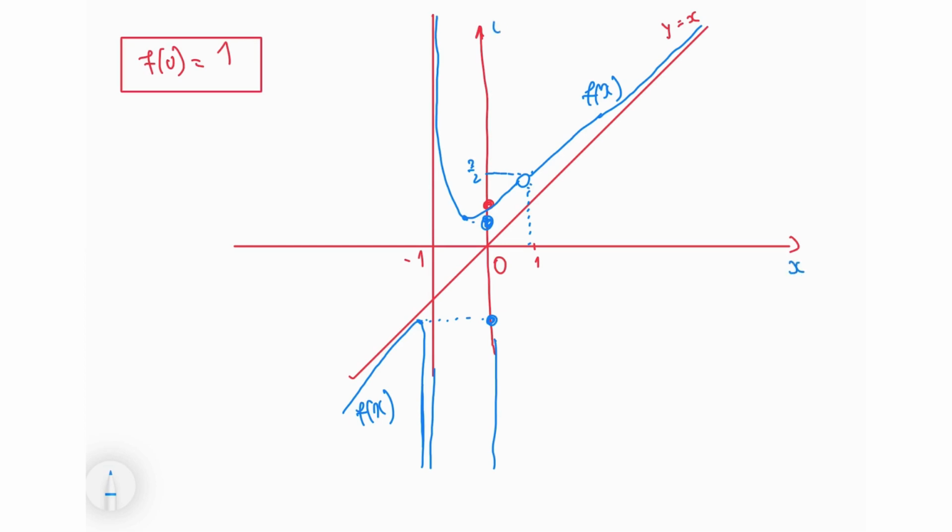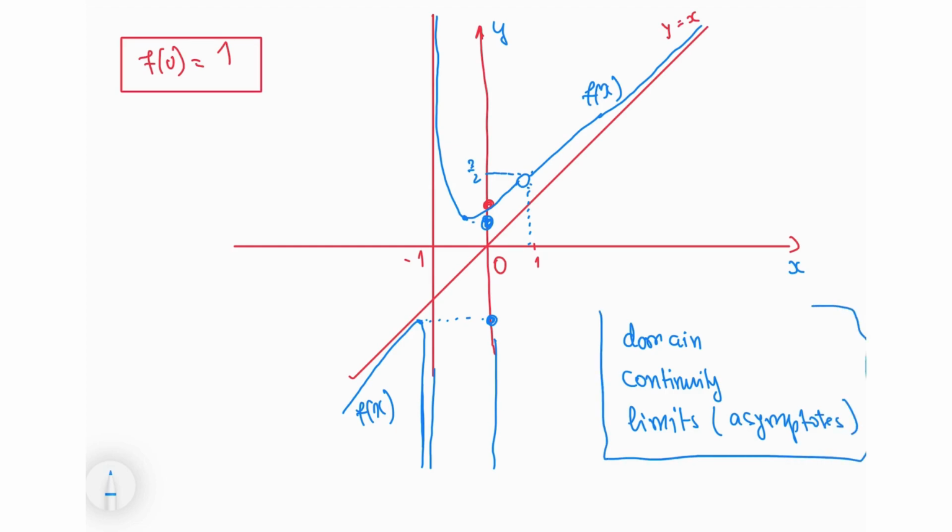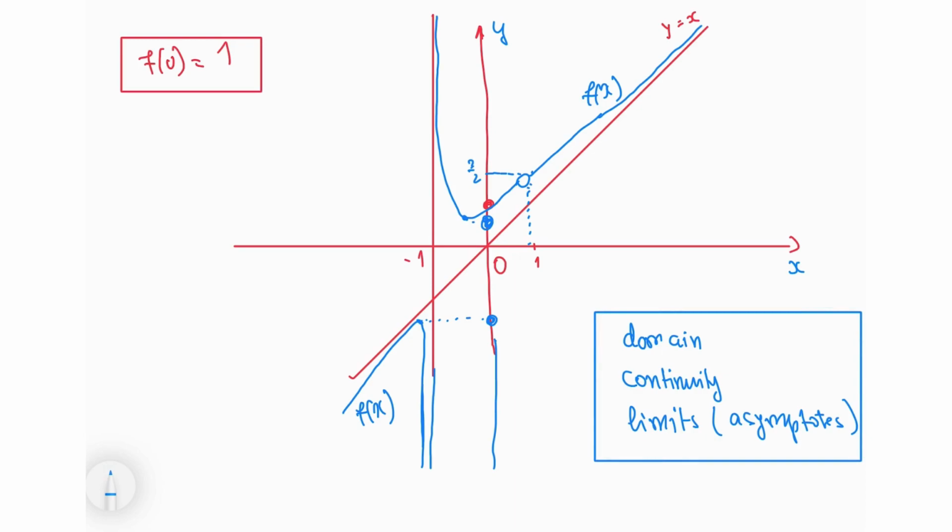But for the sake of the sketch of the function, we only used the domain, continuity, and limits, that is asymptotes, because asymptotes are obtained by limits. And you can see how powerful and important these three things are in the study of real functions.